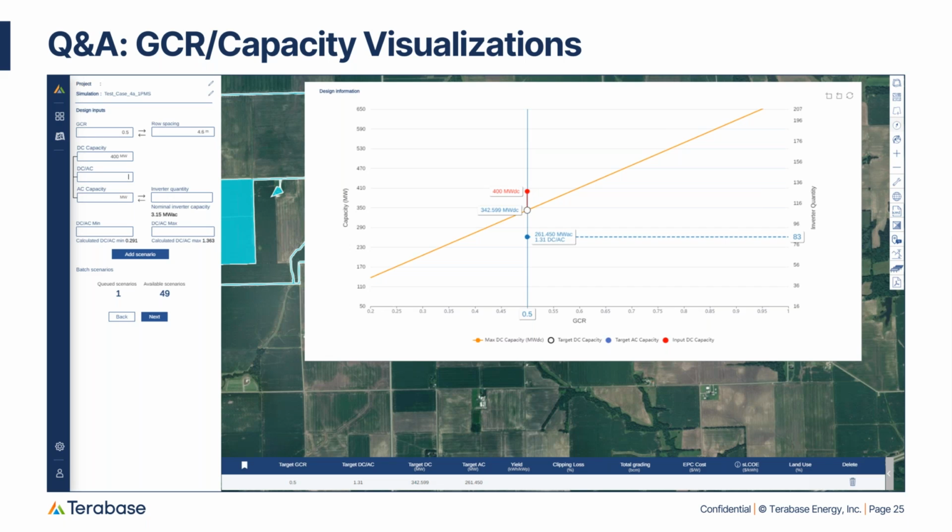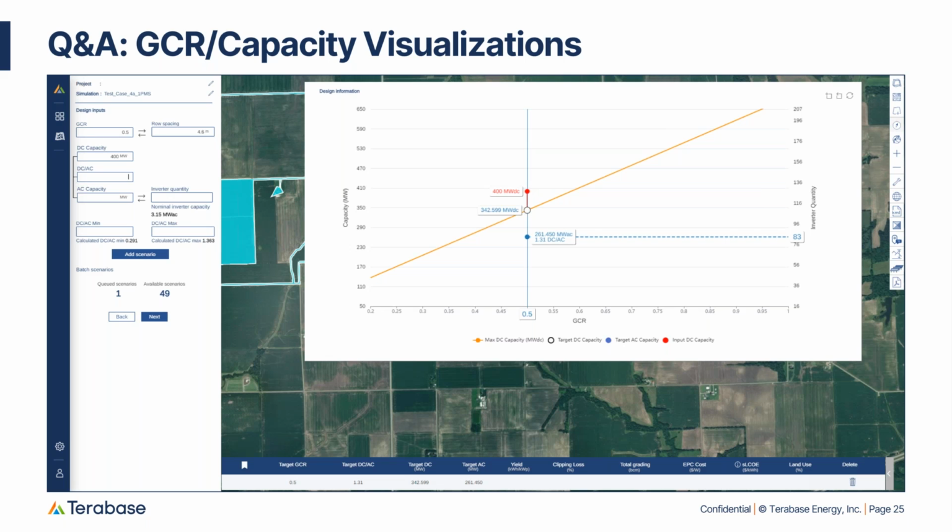All right, I'm going to actually take this next one, Benj. A question came in asking about when designing a layout in PlantPredict, how does PlantPredict take into account the shading effect of different modules on each other?